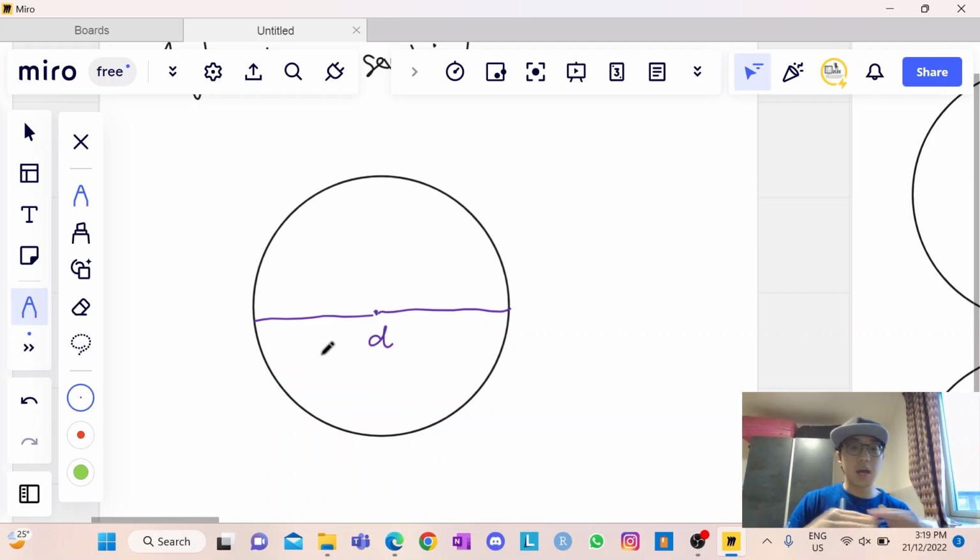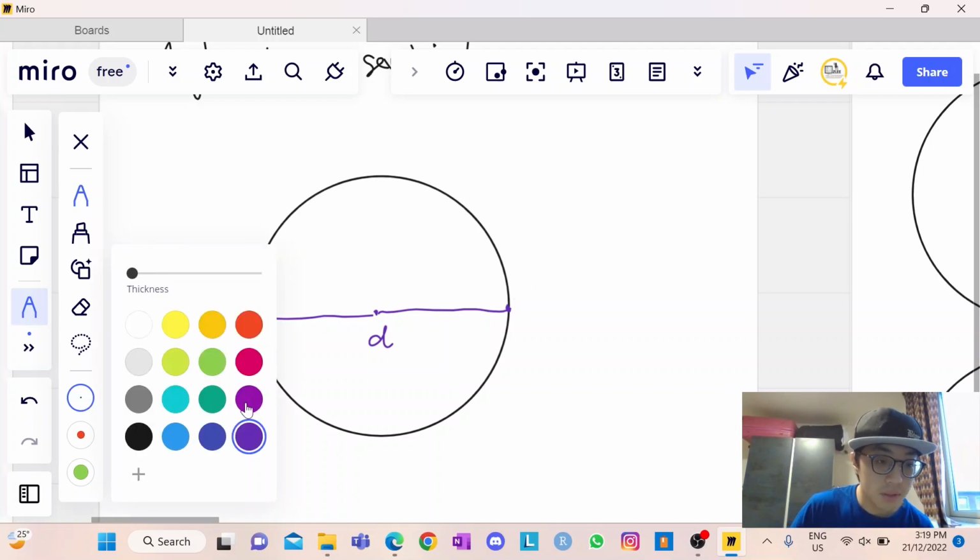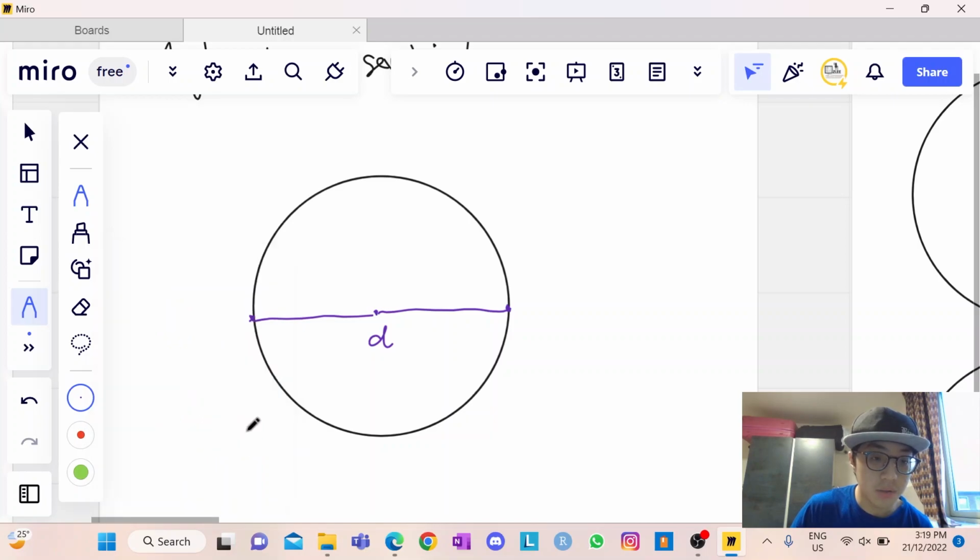This is a diameter of a circle, and this point here is touching the circumference of the circle, same as this point. So the diameter touches both sides of the circumference. Okay, so if you have this kind of situation right here, together with any triangle, any triangle in the semicircle.